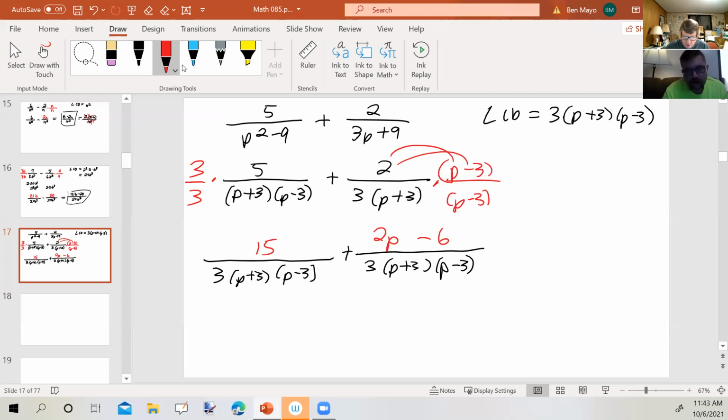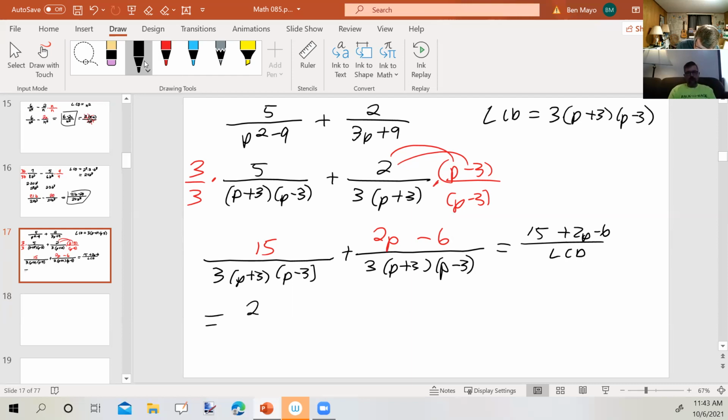So I factored each denominator, determined the least common denominator, took each original fraction, built it to the new fraction with the LCD. Now I'm going to add the numerators. So I have 15 plus 2p minus 6 over the LCD, which is 2p plus 9.